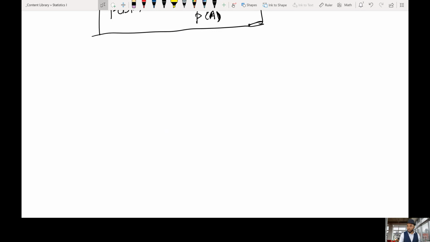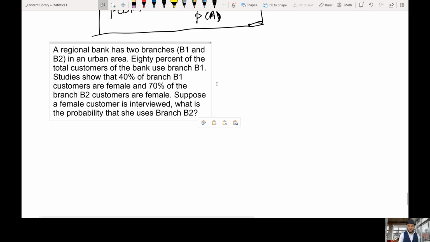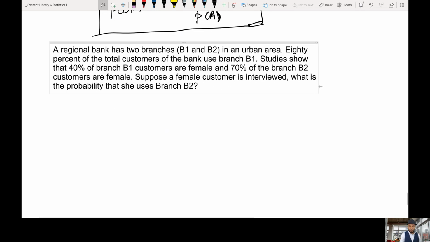And we'll solve it together, using the whole concept of the Bayes rule. So here's the problem. I don't want to type it, so I'm copying it here. We have a regional bank that has two branches, B1 and B2, in an urban area. 80% of the total customers of the bank use branch B1.